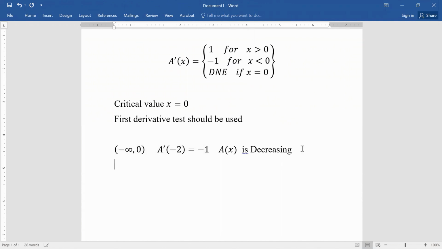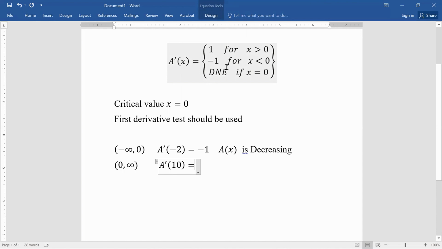We can also see that if I take the interval from 0 to +infinity, let's plug in a number which is positive, let's say 10. Since it's greater than 0, I got to plug it in here.